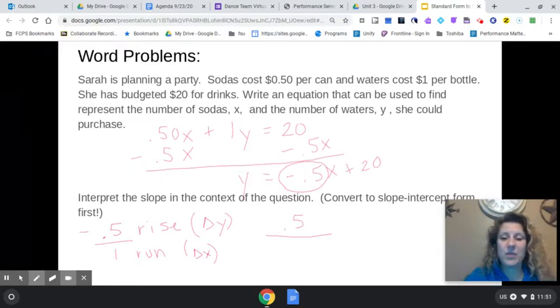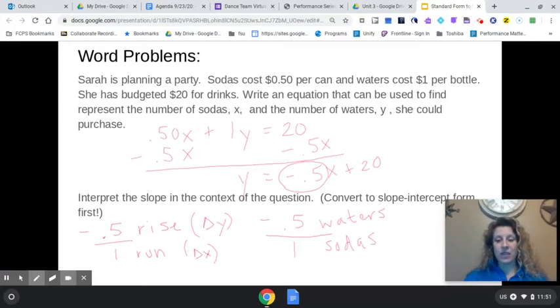And we do have a negative. I forgot about that negative sign on there, guys. Sorry about that. So the number of waters is decreasing by a half for every one, and X is representing the number of sodas. So this basically means for every soda that I purchase, I have to decrease the number of waters I can purchase by a half.